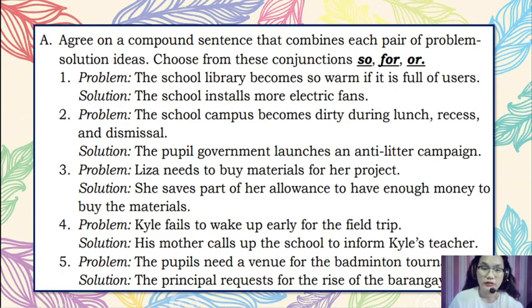So, you have 15 minutes to answer the quiz. Excuse me. And your timer starts now. We are going to check it during our online classes. You have 15 minutes to finish the activity.